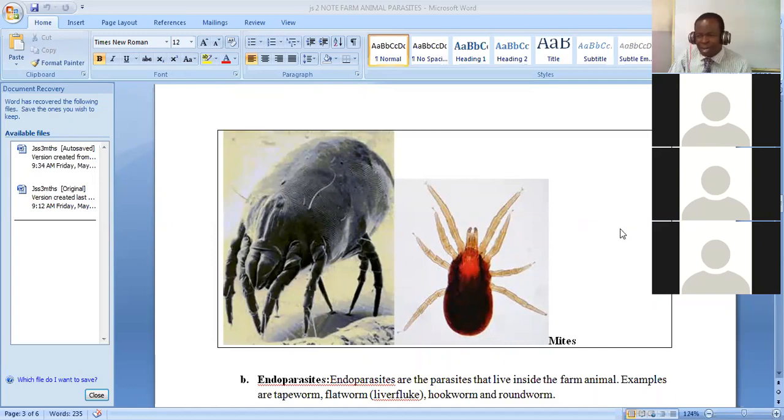Salma, ask a question. My question is, if an ectoparasite enters the body of an animal, does it become an endoparasite? It's a good question. It is an ectoparasite. That means it dwells outside or on the body of the animal. It will not enter the body of the animal.